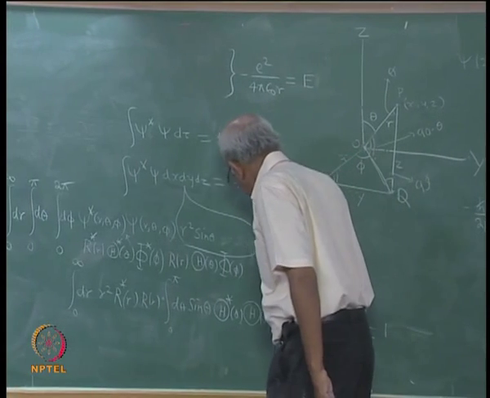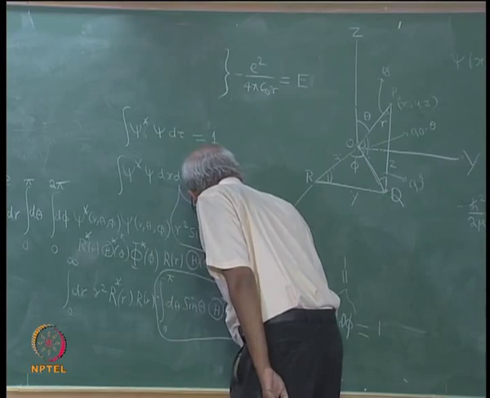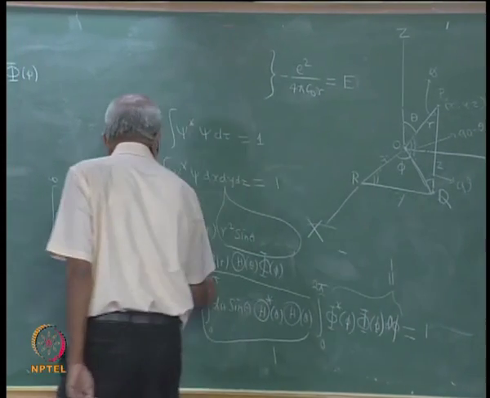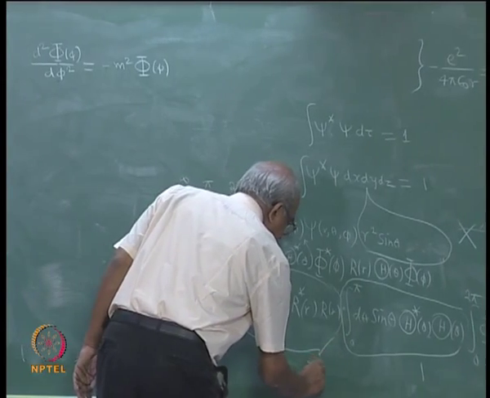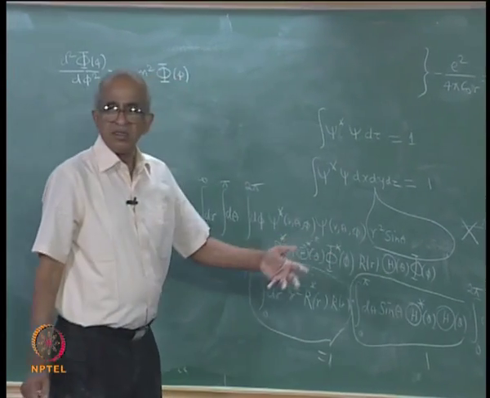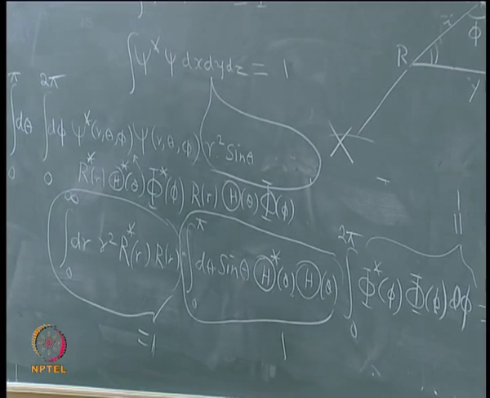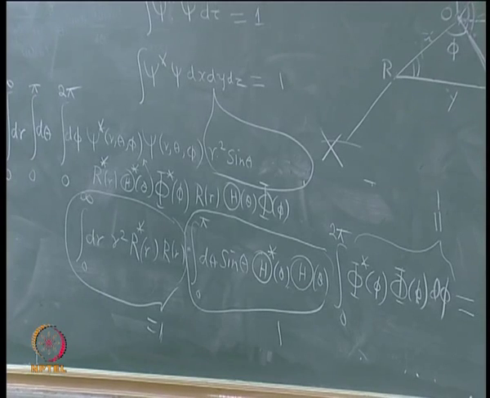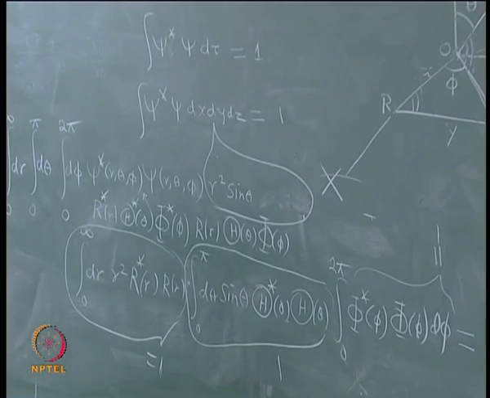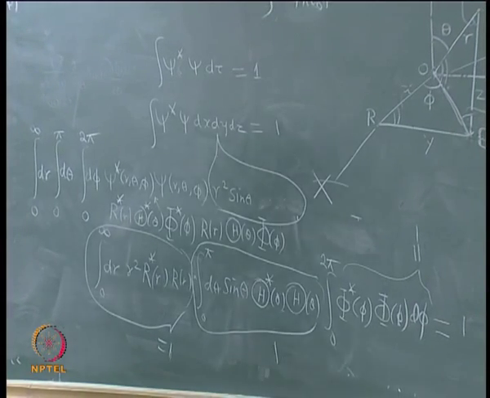And I shall impose condition on theta saying that this must be equal to 1, and this other integral also must be equal to 1. So that once I have found functions in this fashion, I am assured that the total wave function is normalized, because if each one of them is equal to 1, then the product has to be equal to 1. Okay. So, that is what I will be imposing.